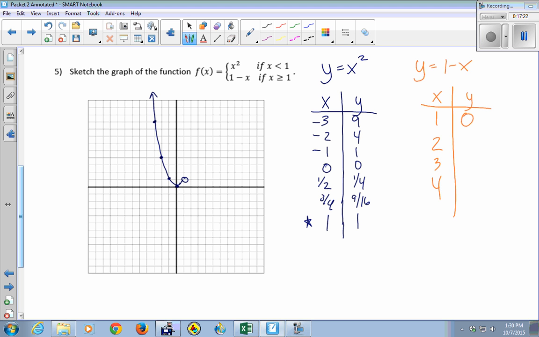If I put in a 2, I get -1. 1 minus 3 is -2. 1 minus 4 is -3. So I can plot these. I get 1, 0 right here. 2, -1. 3, -2. 4, -3. And this is quite clearly a line. So just connect those. And that is a graph of my piecewise function.